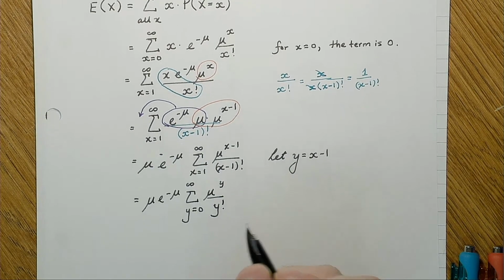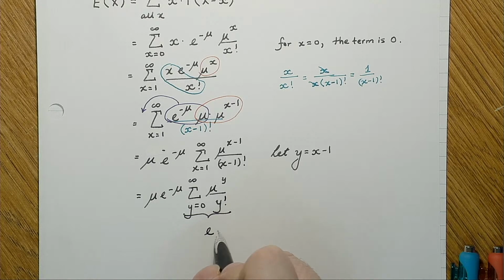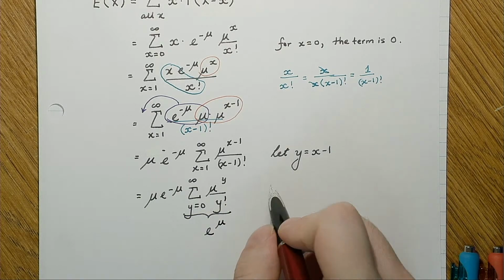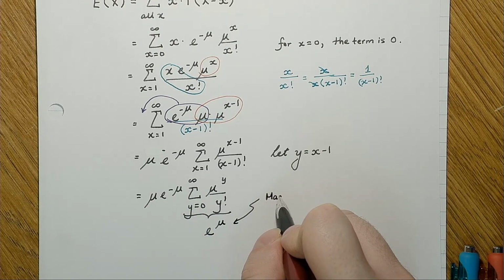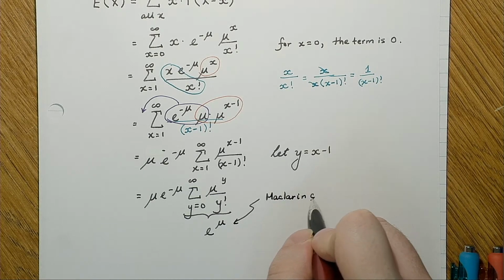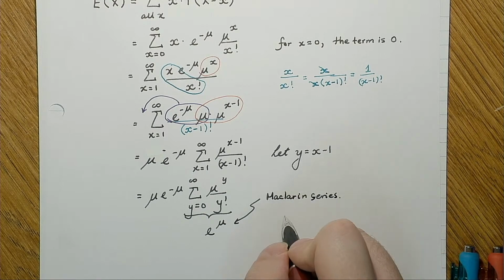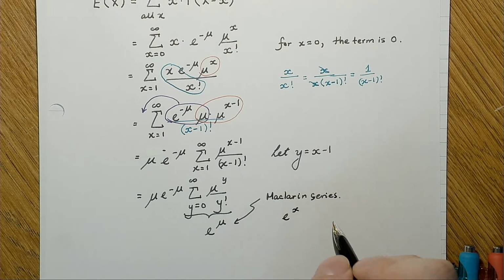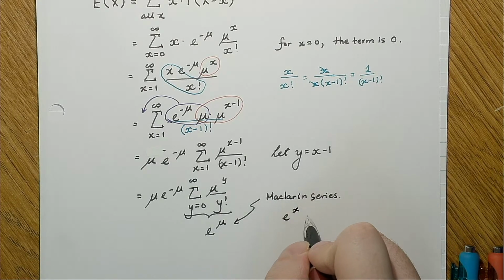And as I said before, this is equal to e to the mu, because that is the Maclaurin series. And it's from our first year calculus course.